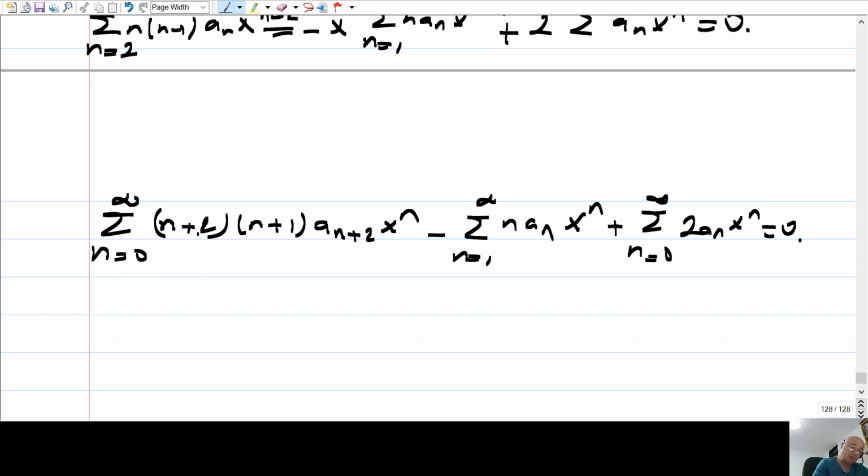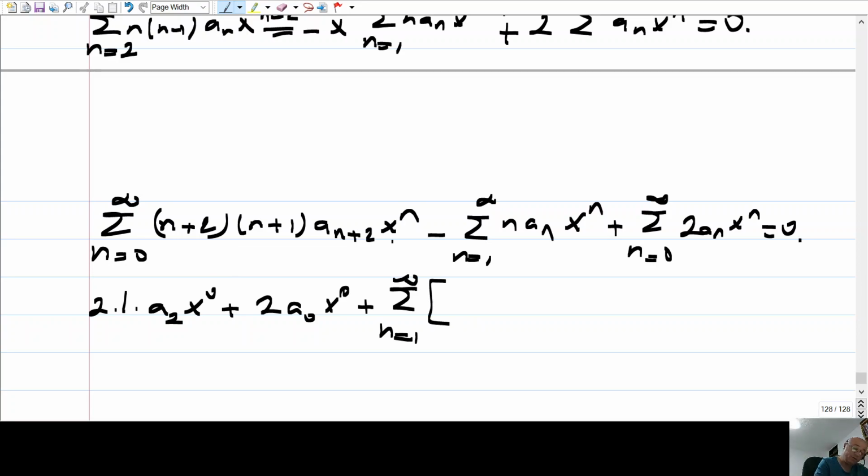So when I plug 0 here, I just get 2 times 1 times a2 x to the power 0. And from this one, when n equals 0, I get 2a0 x to the power 0 plus the rest are from n equals 1, so from 1 to infinity.